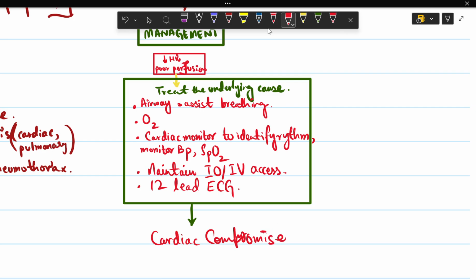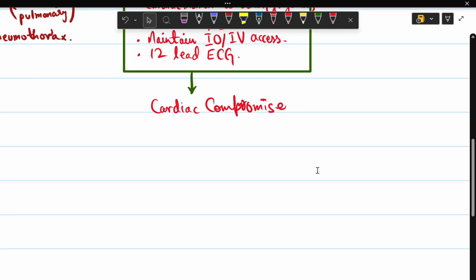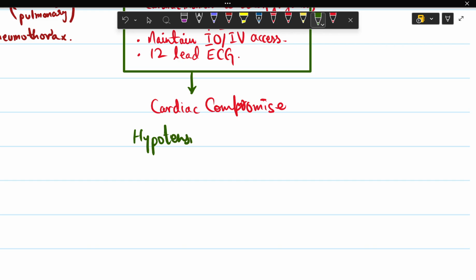How would you know about cardiac compromise? If the child has hypotension, shows features of shock, or altered mental status.